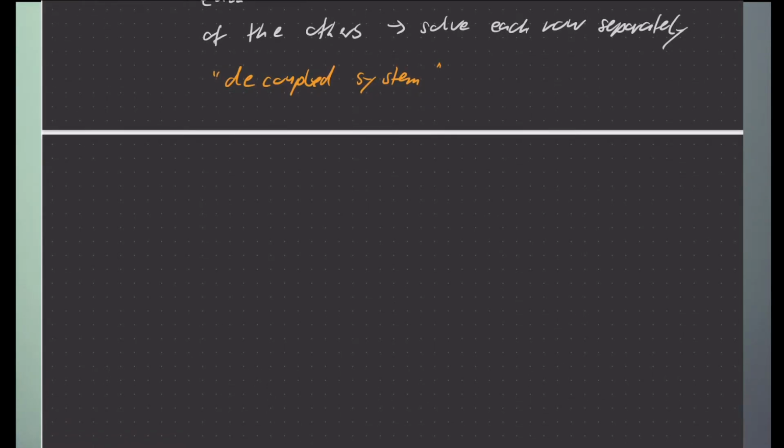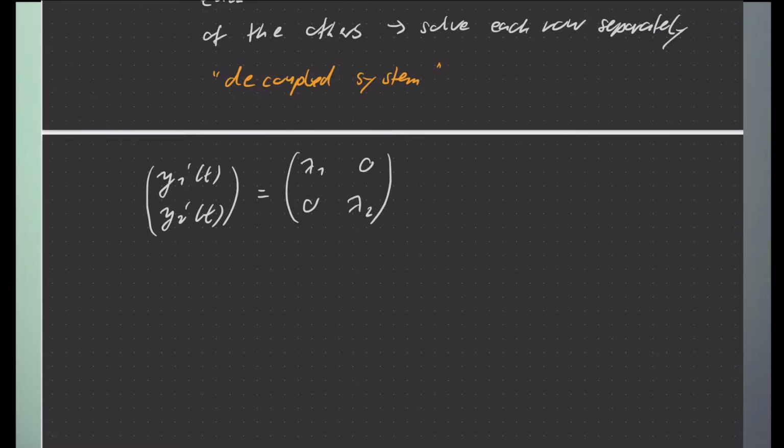Now let's see how that looks. If we have a system that looks like this here, y1 prime of t, y2 prime of t equals lambda 1, 0, 0, lambda 2, for some values of lambda 1, lambda 2, times y1 of t, y2 of t.